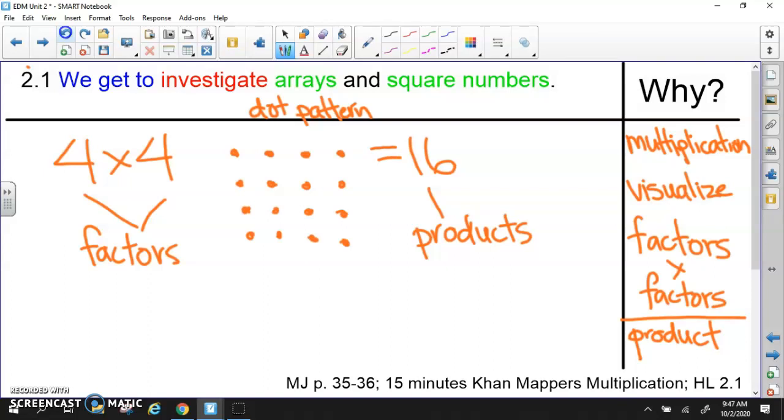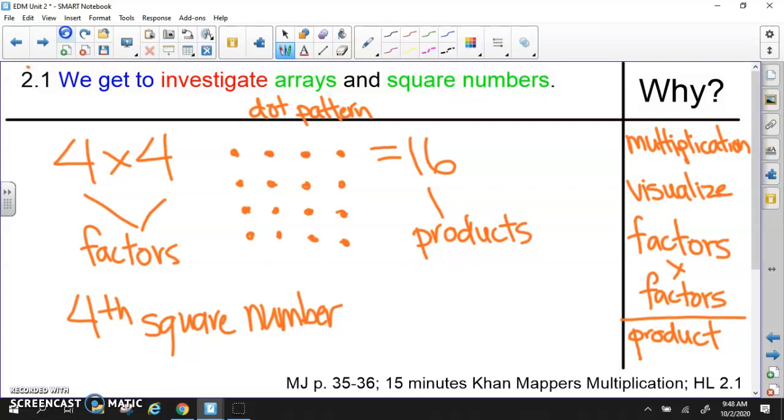By the way, this is called the fourth square number. What would be the factors for the 10th square number? Yes, sir. 10 and 10. What would be the factors for the 100th square number? Yes. 100 and 100, right? Okay.